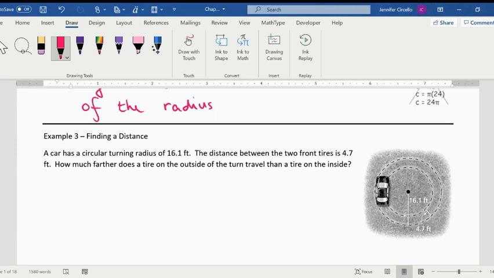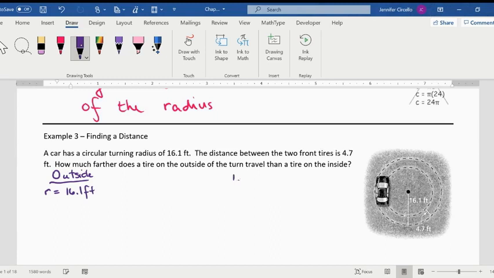So this car, the tires are about 4.7 feet away from each other. So we can figure out the circumference of the circle made by the outside tires and the circumference made by the inside tires. So let's see here. If I take the outside tires, we've got that the radius is 16.1 feet.